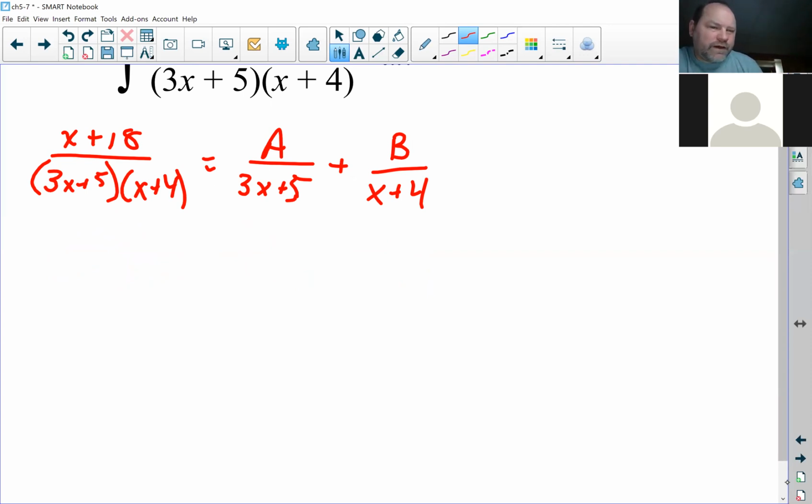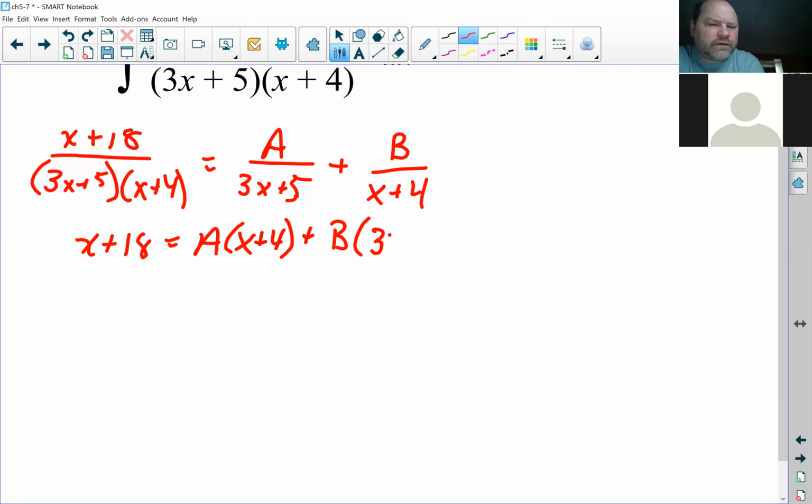Multiply to get rid of my denominators. Distribute.